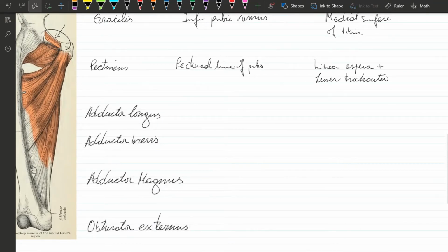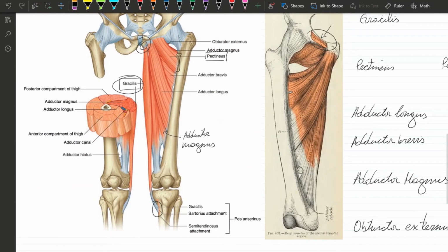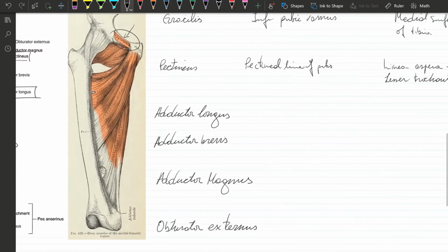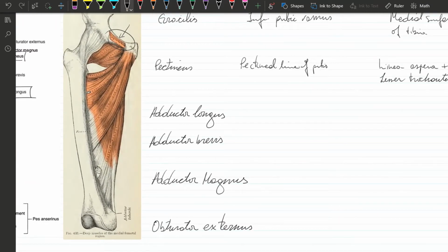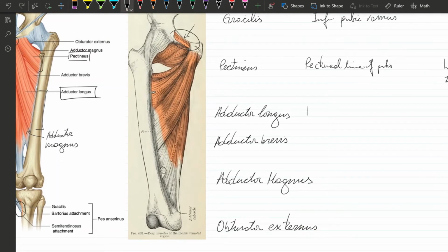So after the pectineus, we have the adductor longus. Like its name says, it's going to be very long. It's going to initiate right here and travel all the way to the femur, where its insertion is. The origin of the adductor longus is going to be at the body of the pubis.